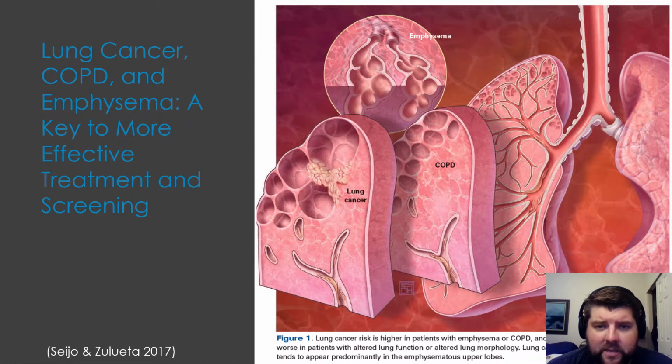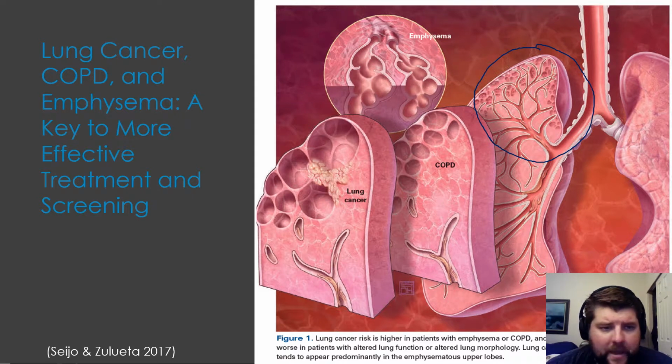There's a link between emphysema and lung cancer, and this study has found that looking at the top lobe of the lung is very indicative of whether or not somebody will develop lung cancer if they have emphysema in this upper lobe of the lung.